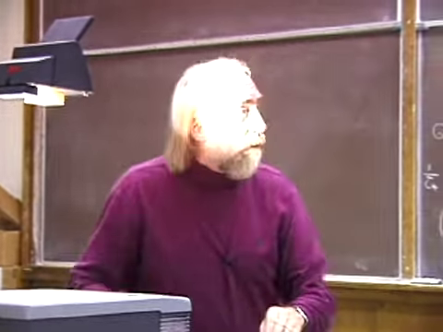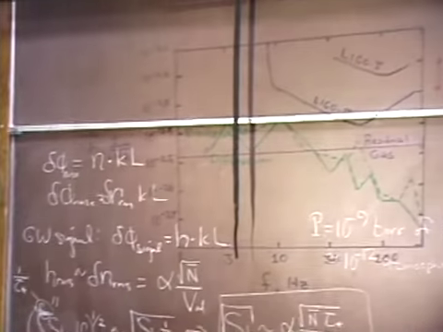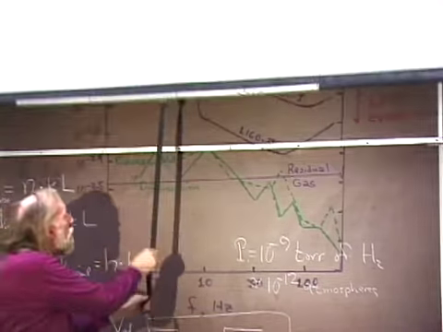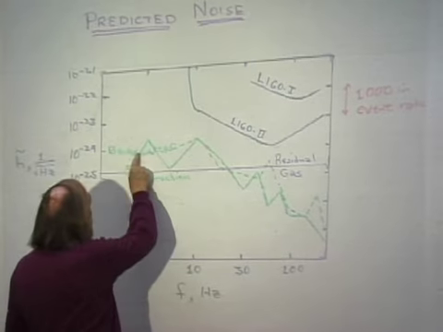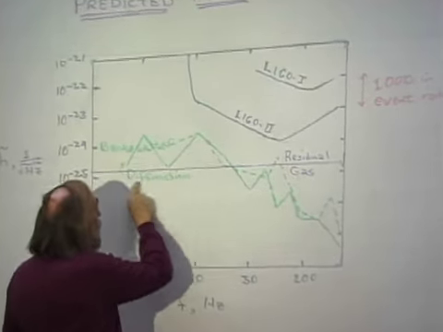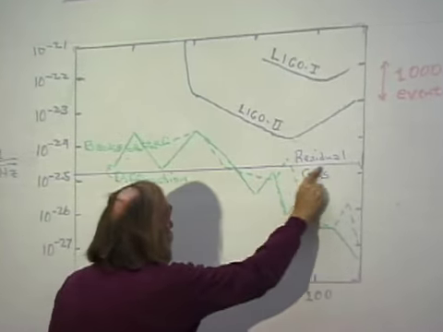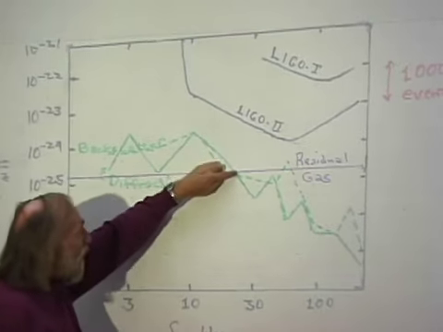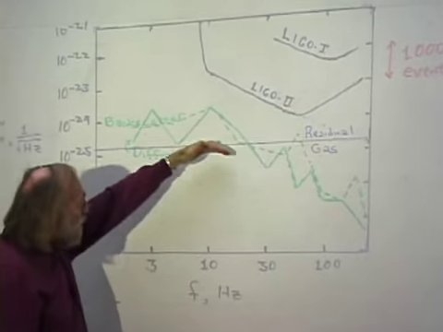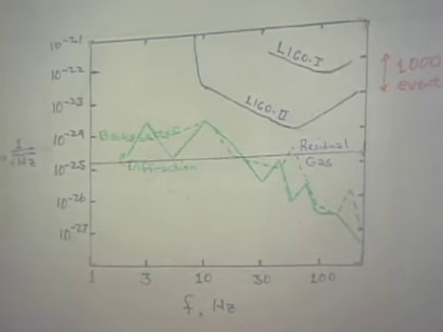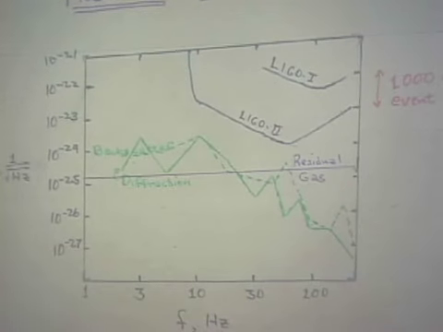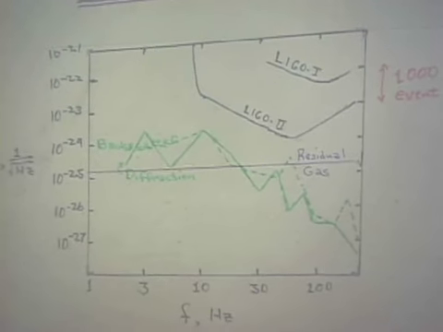So we have the light scattering noise, and we have the residual gas noise, and the residual gas noise dominates over the light scattering noise above about 10 hertz when you take account of the improved reflectivities of the mirrors for light scattering.